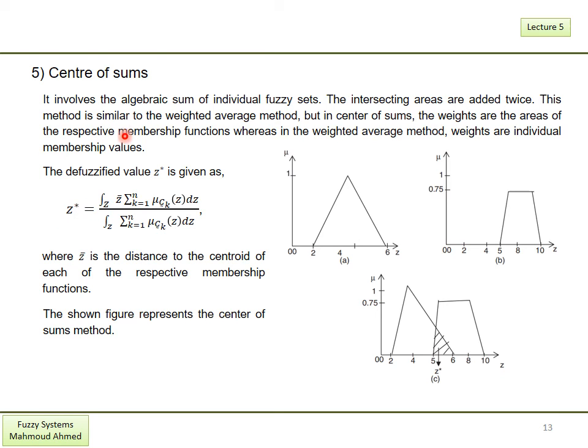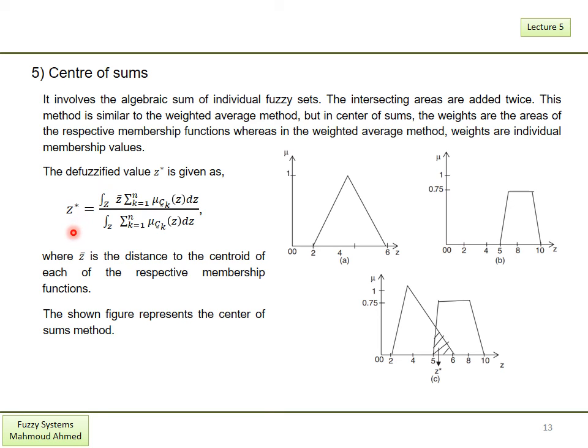So this method is similar to the weighted average method, but in center of sums, the weights are the areas of the respective membership functions, whereas in the weighted average method, the weights are the individual membership values.